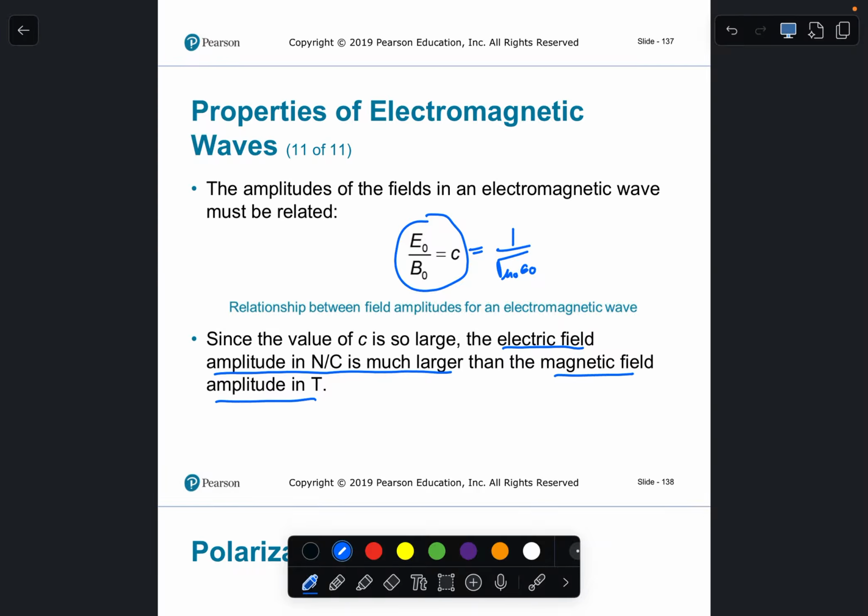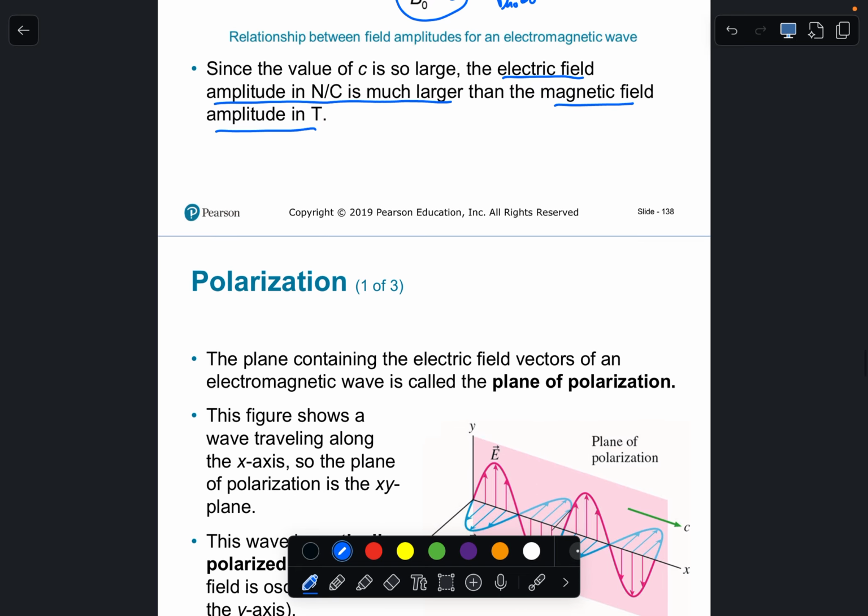Right? Because if you're taking a number and dividing it by another number and your answer is a gigantic number like 300 million, right? 3 times 10 to the 8. Well, that means the E field must be gigantic, right? Or the B field must be really small, either one, because you're dividing by a small number.